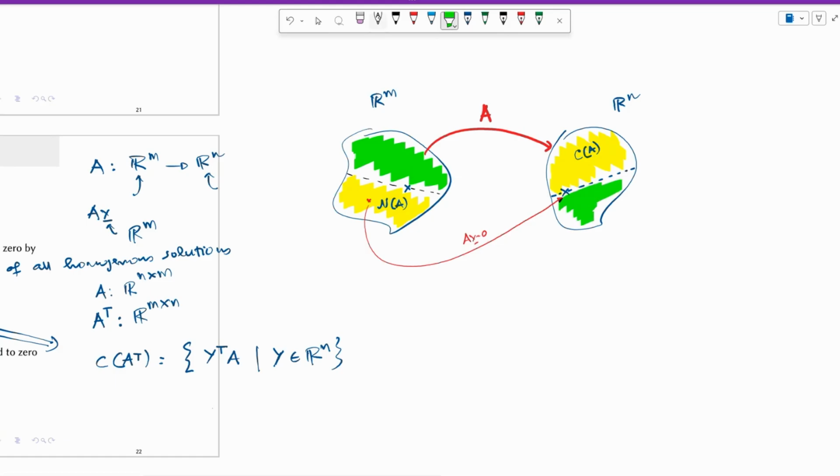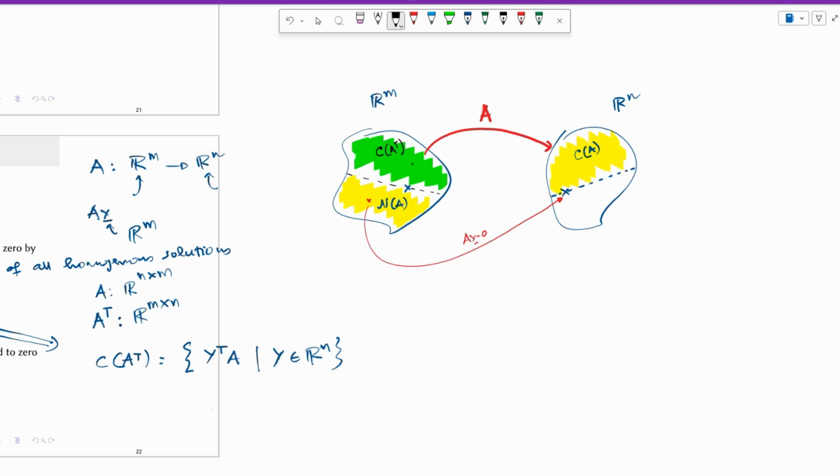In fact, I'm going to leave this as white. Okay. If the yellow colored region is the region of the input space, and if you choose any point from that that produces 0, C of A transpose, that's the row space.